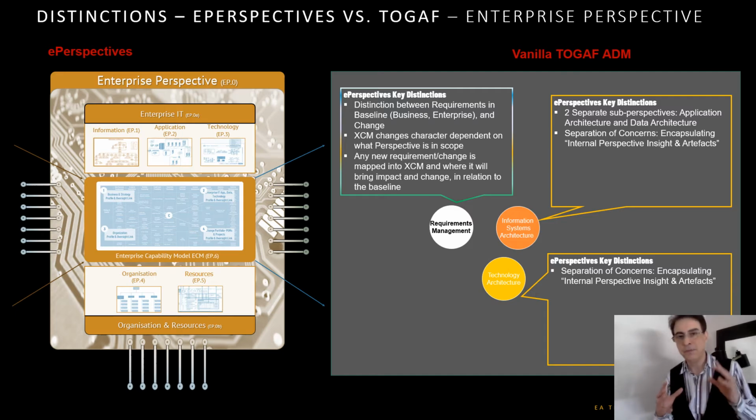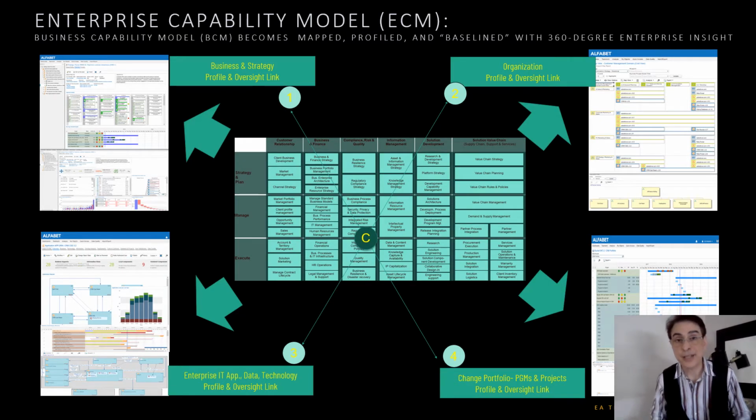But hugely important, and this I would argue is a key difference when making ePerspective what makes TOGAF implementable, is the introduction of the ECM, or Enterprise Capability Model, which basically drives, as the command and control center of the entire enterprise, what we do, and aligns and harmonizes what we do, and also gives us the foundation for making transformation. So this is important.